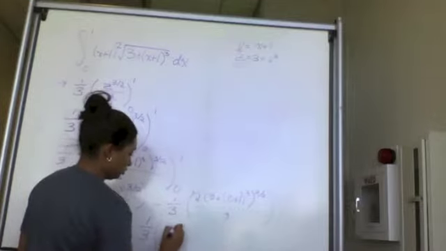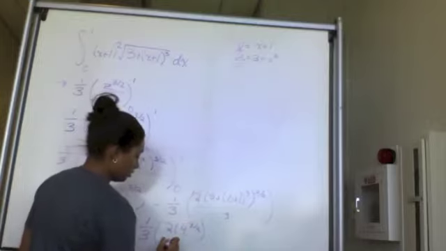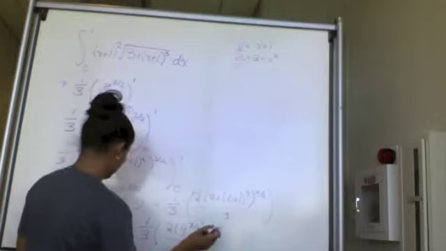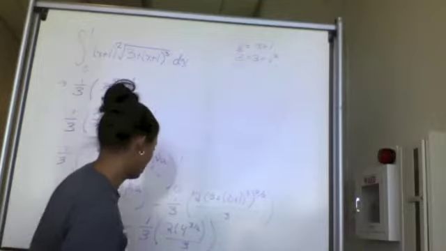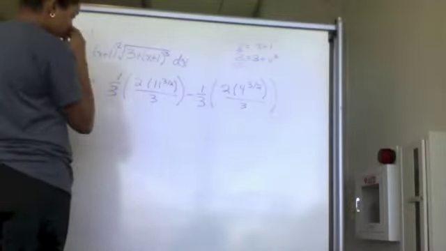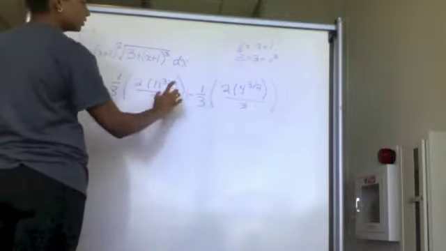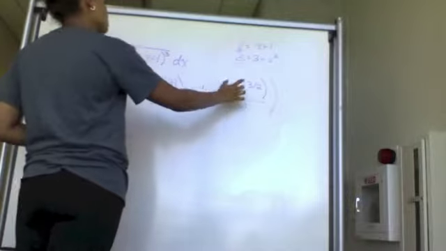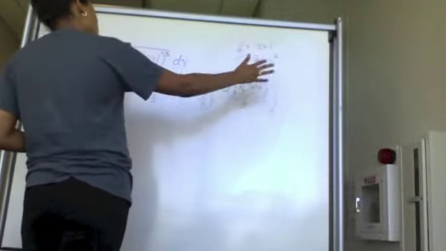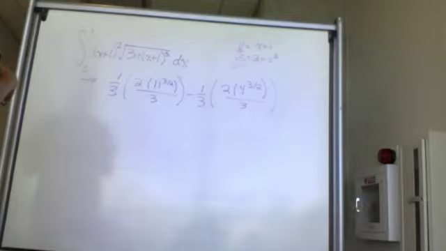So 2 times 4 to the 3/2 power all over 3. And we've gotten to 1/3 times 2 times 11 to the 3/2 power over 3 minus 1/3 times 2 times 4 to the 3/2 power over 3. We just have to condense everything into one answer.